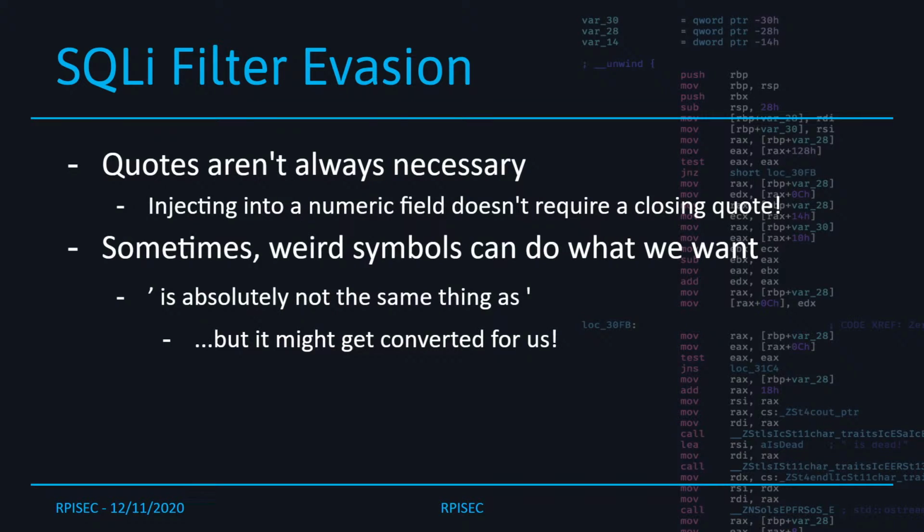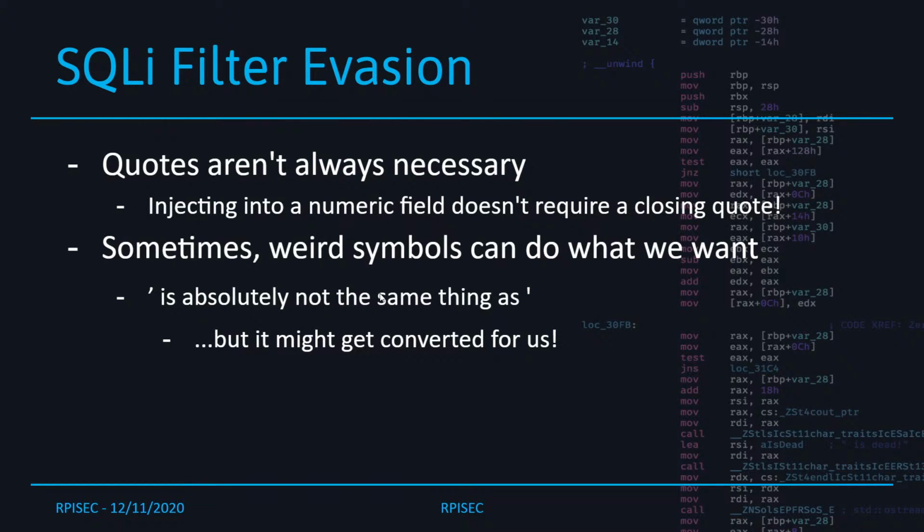And sometimes you can do some weird stuff with text encoding. This is especially important for older databases that only understand ASCII or something gross like that. This weird smart quote here is not the same thing as this single quote, but it might get converted for us.